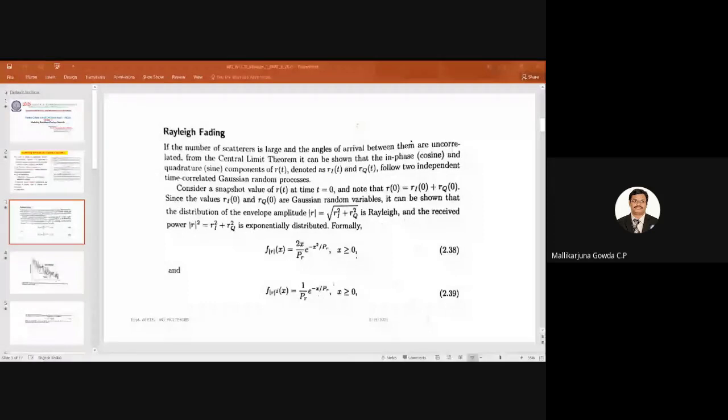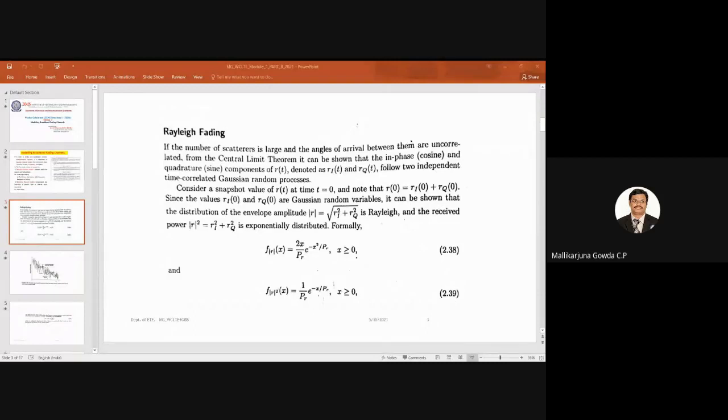I used to write S of t as the received and transmitted signal, then Si of t and Sq of t. Here we are using R of t, then Ri of t and Rq of t are the in phase and quadrature components of two independent time correlated Gaussian random processes. I said the received envelope signal R of t at time t equal to 0.